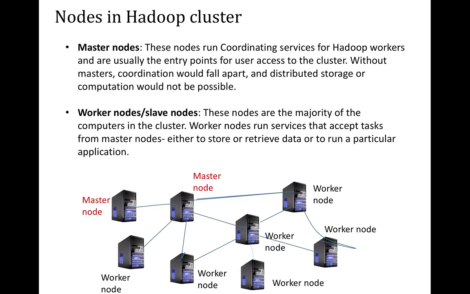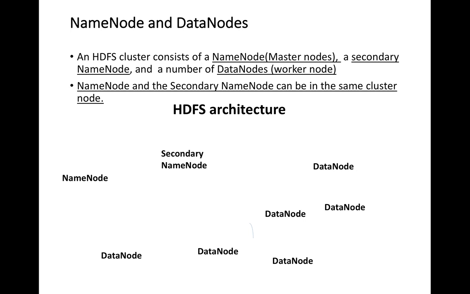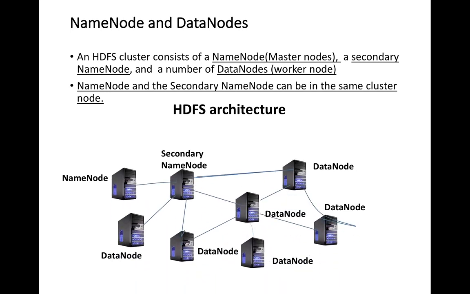But when we talk about a specific framework, for example the HDFS architecture, the workloads are just data nodes, and there are name nodes. That's from the HDFS structure viewpoint.